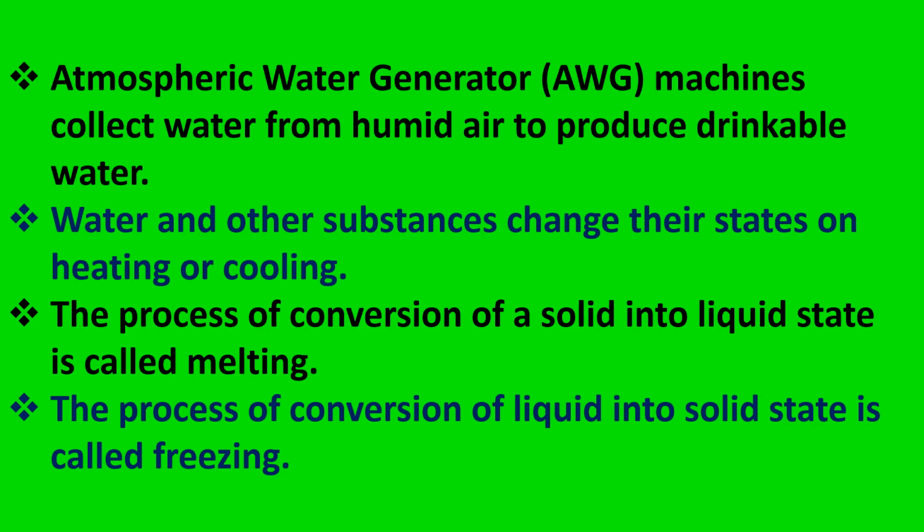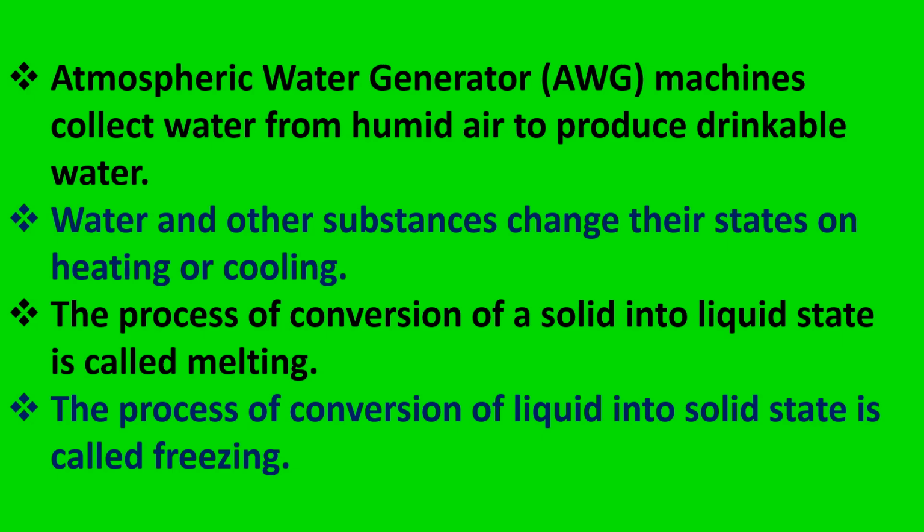Then we have the definition of melting and freezing. The process of conversion of a solid into liquid state is called melting. Means when we change a solid into liquid state, it is called melting. For example, if we change a solid which is ice into liquid state which is water, it is called melting.